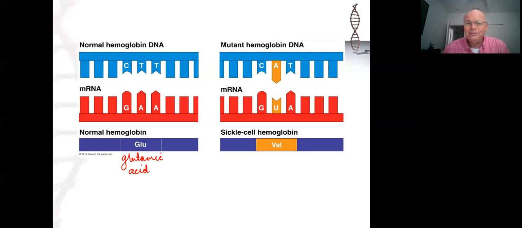So the U replaces any T's that might have been present, because the U is the nucleotide that's in the RNA, not the T. That GUA is a codon for the amino acid valine. So you're going from acidic to neutral.